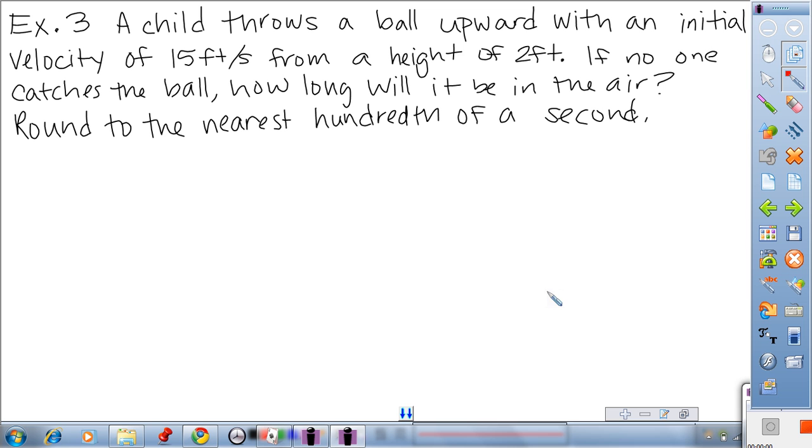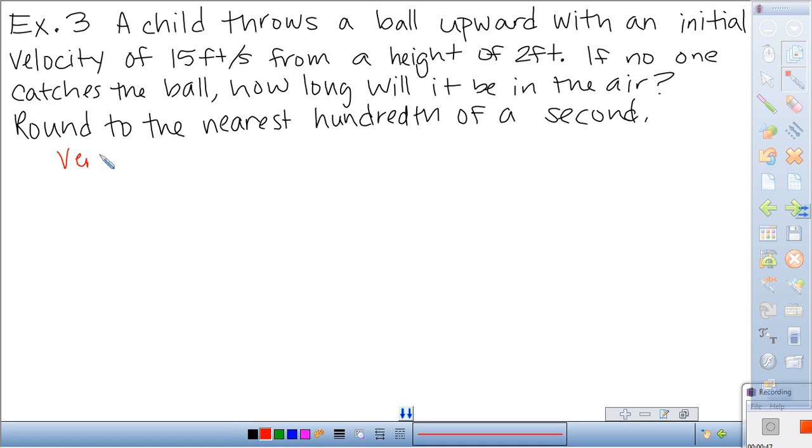And here's the equation you're going to use. It's the vertical motion formula. And you're going to use this on your real-world problem. And the vertical motion formula is h equals negative 16 t squared plus vt plus c.